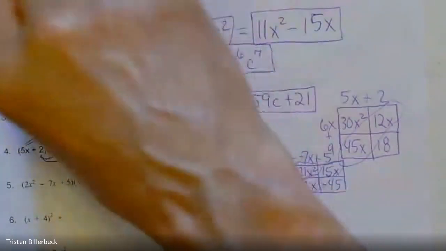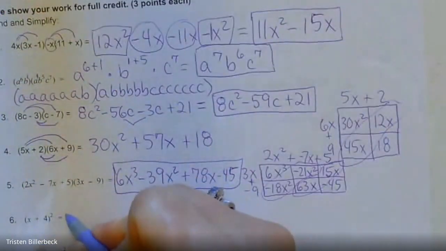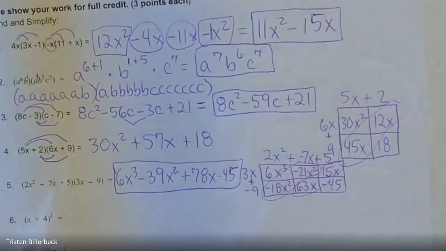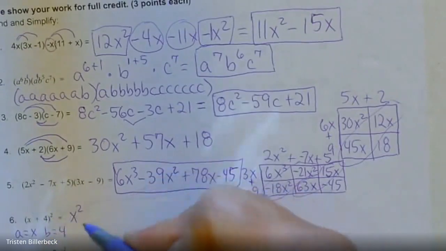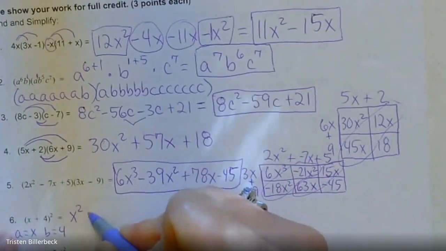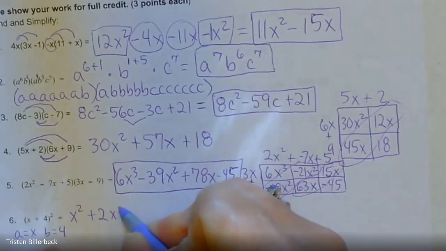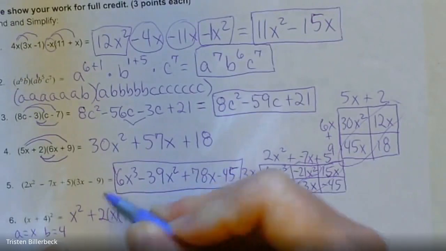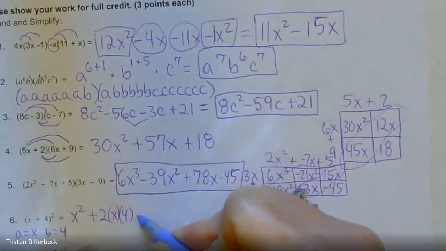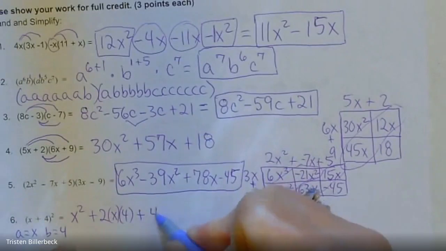All right, when we have this, this is a perfect square trinomial. So we know that that's the x squared. So a equals x, b equals 4. So a squared plus 2ab plus b squared, so 4 squared.